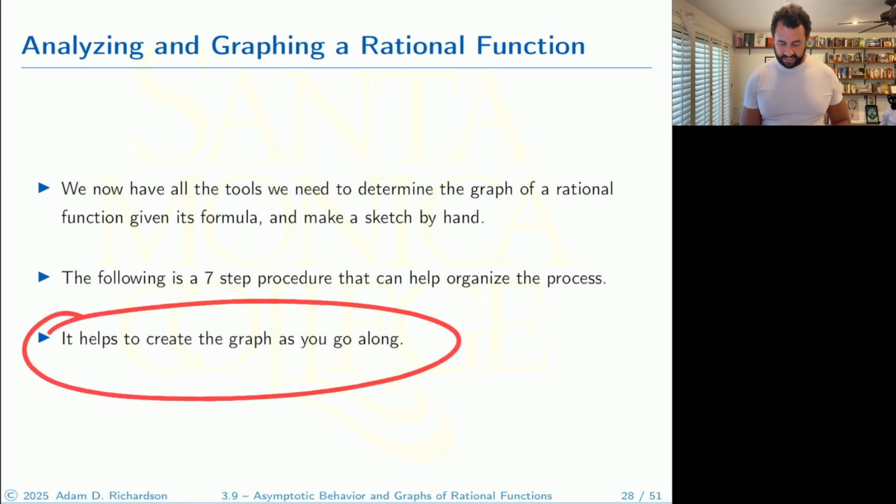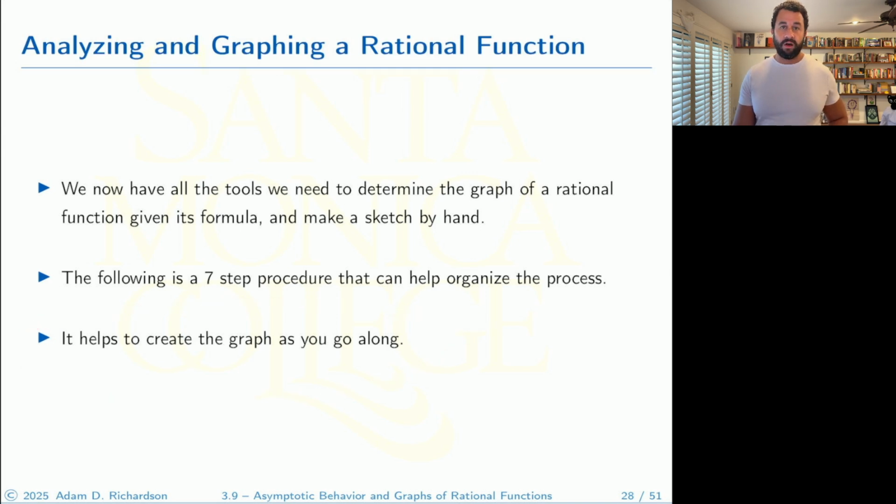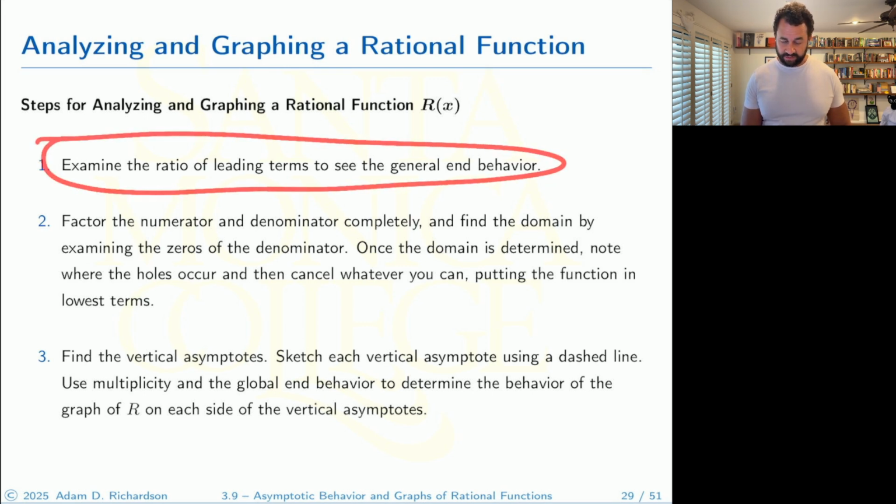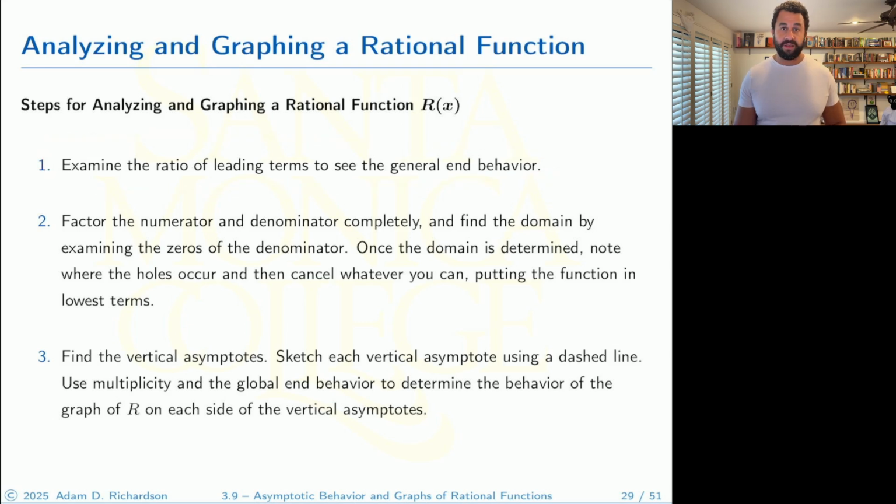And in my experience, it helps to create the graph as you go along, to maybe off to the side, start sketching like the vertical asymptotes, maybe plot where the zeros should be, and then continue from there. All right. So here is the 7-step process. One, examine the ratio of the leading terms to see the general end behavior. So basically find out what your function is asymptotically equivalent to.